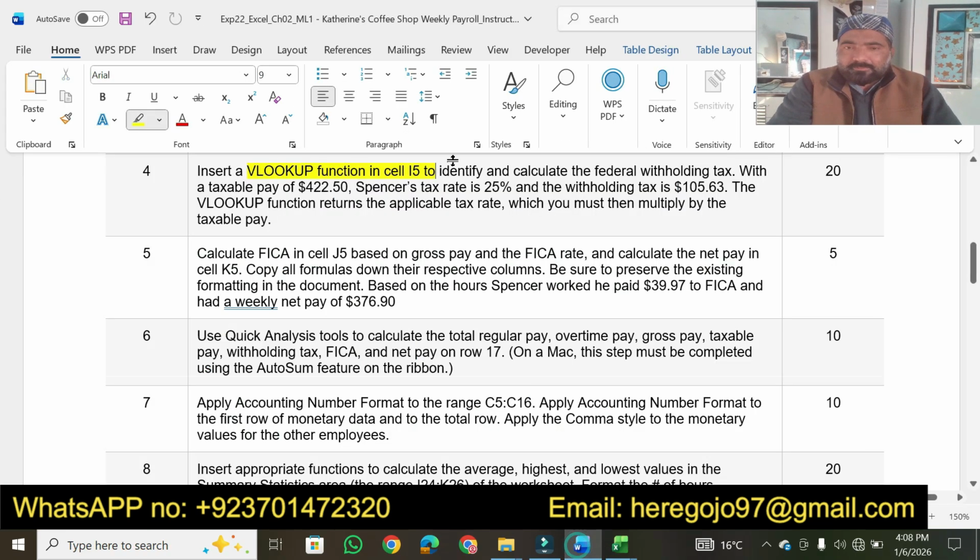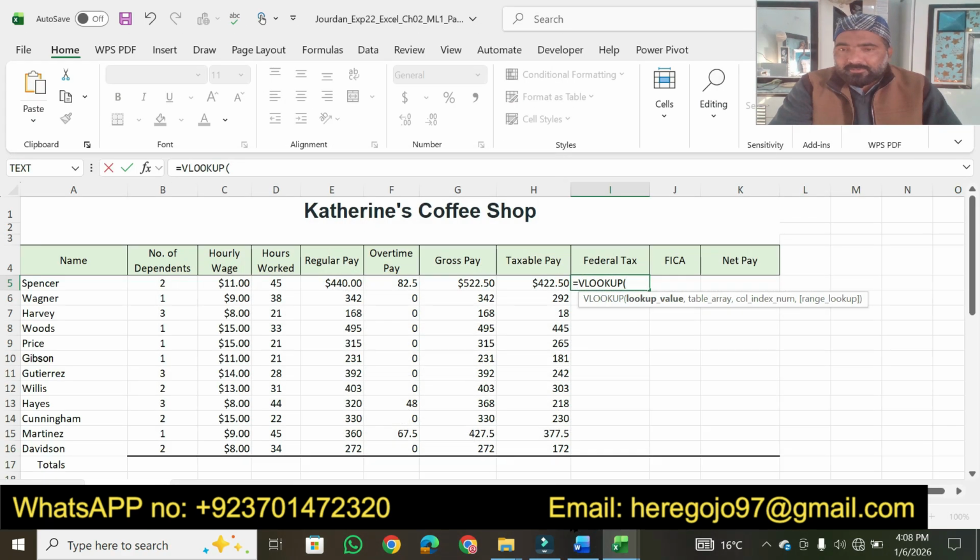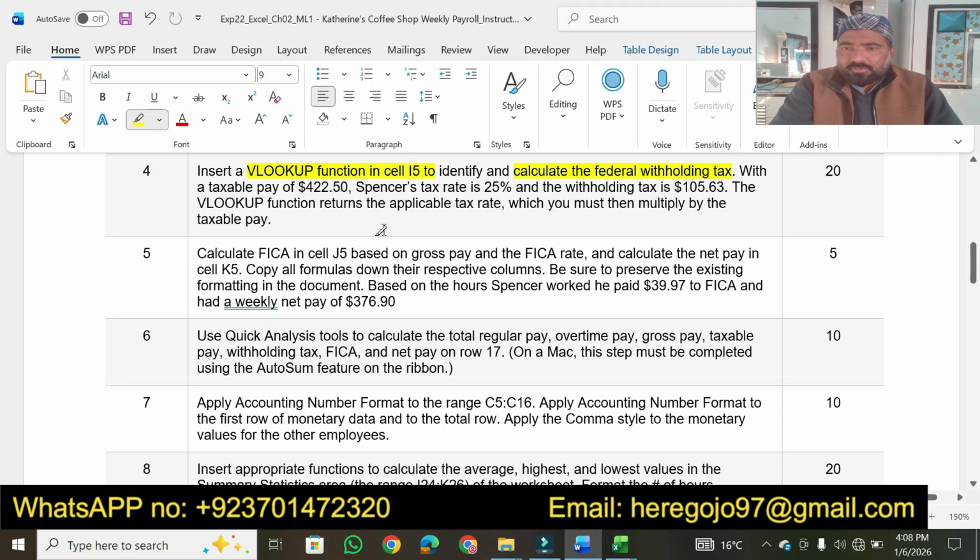Then identify to calculate federal withholding tax. Now we have to find their federal withholding tax. So with a taxable pay of 422.50, the separate tax is this one, and the withholding tax this one. So the VLOOKUP function returns the applicable tax rate, which must then be multiplied by the taxable pay.